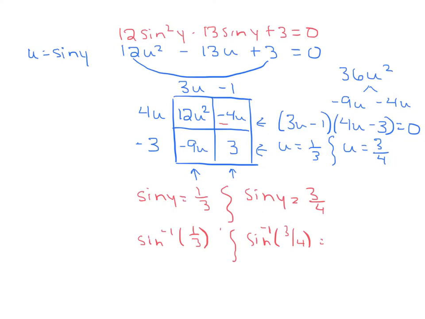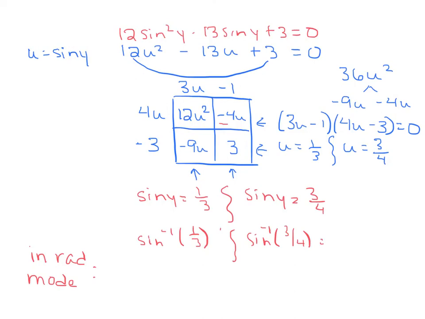And I would really rather have them in degrees personally, but I think the question asked for it from 0 to 2 pi. So in radians, on your calculator, let's see what we can come up with.